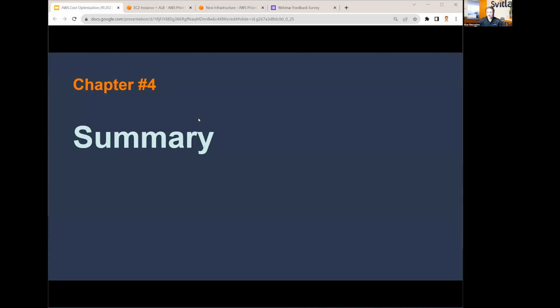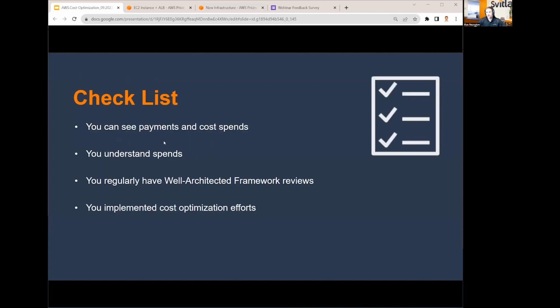Okay, let me summarize. At first, what I'd like to advise you to do concerning your infrastructure: please go through this list and try to answer. You need to see payments and cost spends. You need to understand spends.